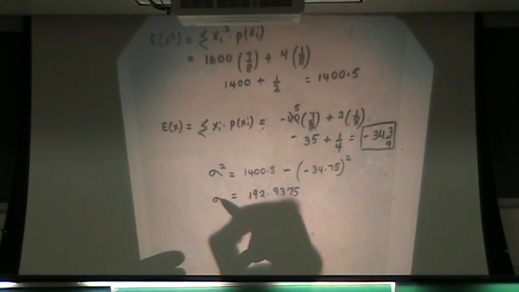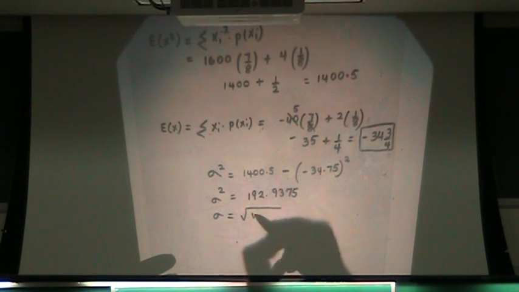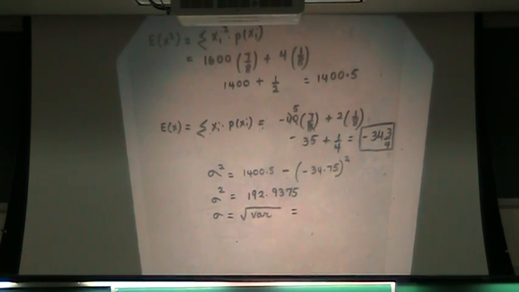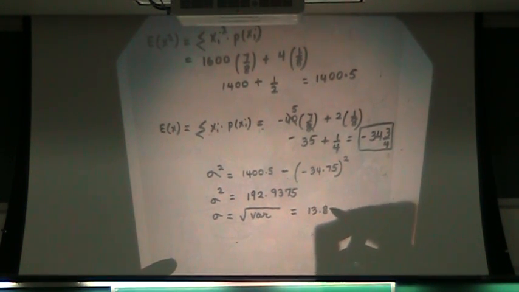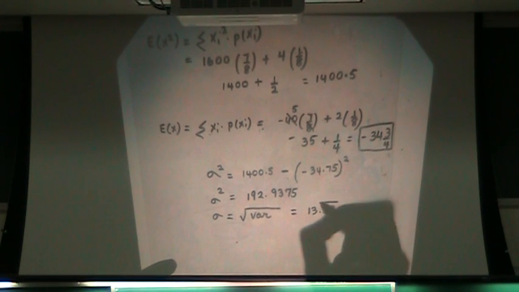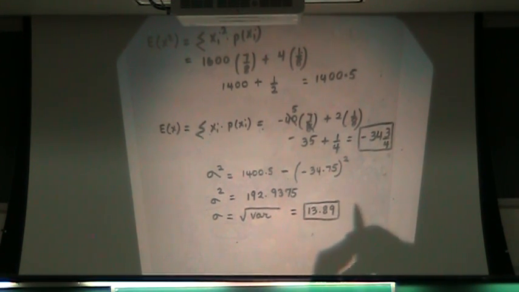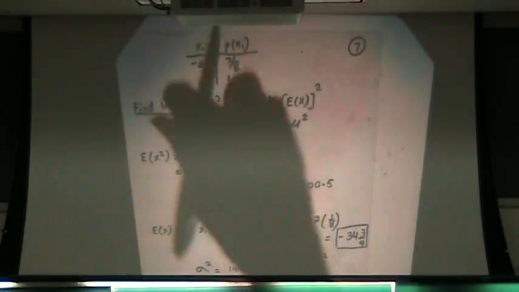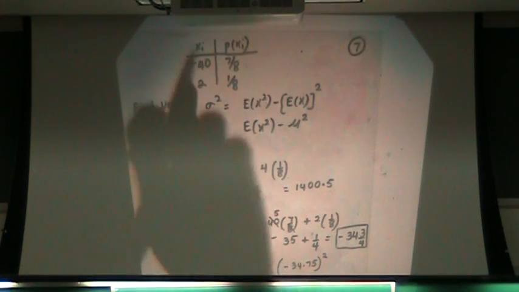192.9375. If I wanted sigma, it would be the square root of the variance, which would be 13.89. I want to check this. Did we already put these in L1 and L2?